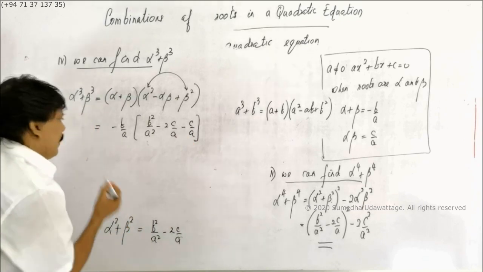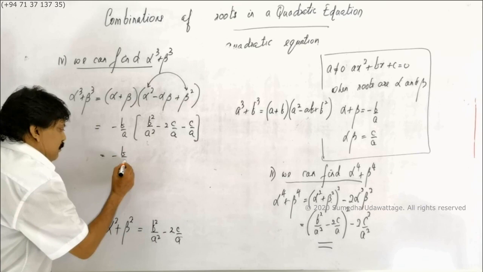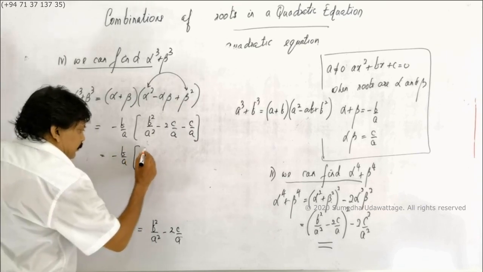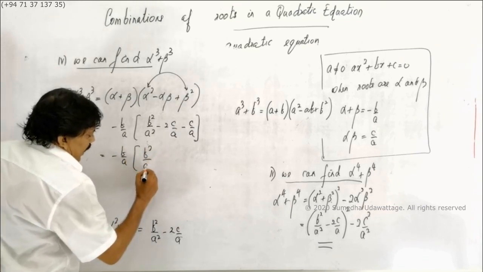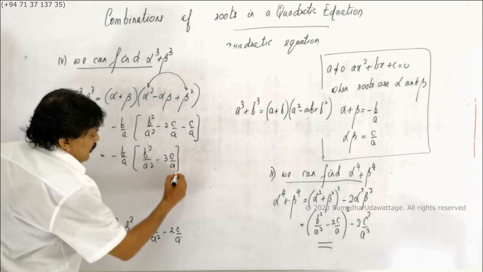Then you get minus b over a, b square over a square minus 3c over a.